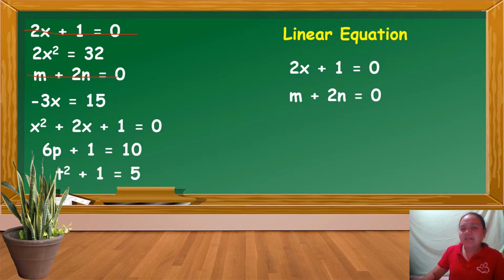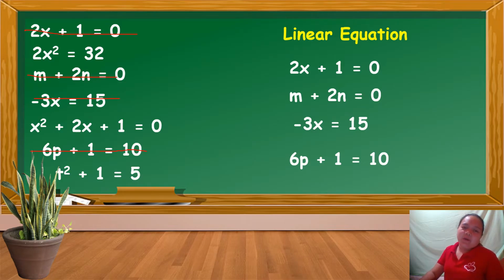Third, negative 3x equals 15, still a linear equation. Next, 6p plus 1 equals 10. So, we have 4 linear equations here. It is a linear equation because the variable is in first degree, or it is a first degree equation.